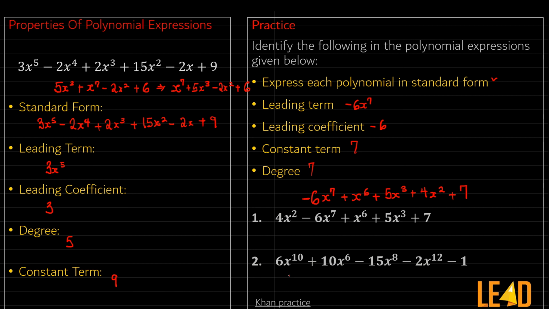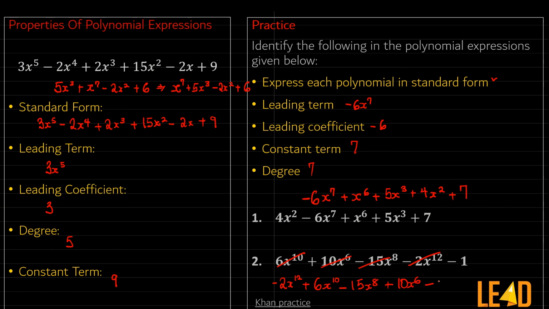We have negative 2x to the power of 12, because that's the biggest one, plus 6x to the power of 10, minus, I'm just going to strike them off so I don't get confused, minus 15x to the power of 8, plus 10x to the power of 6, and minus 1.